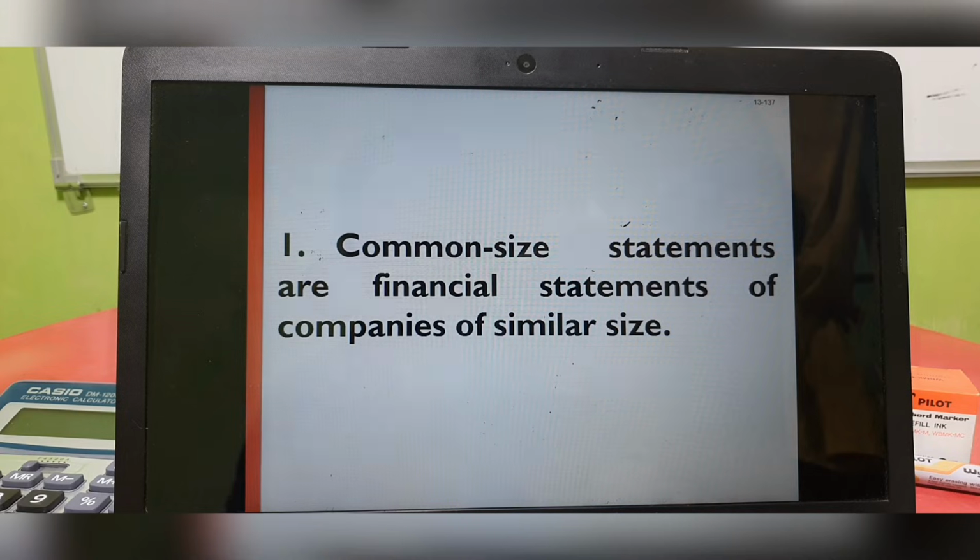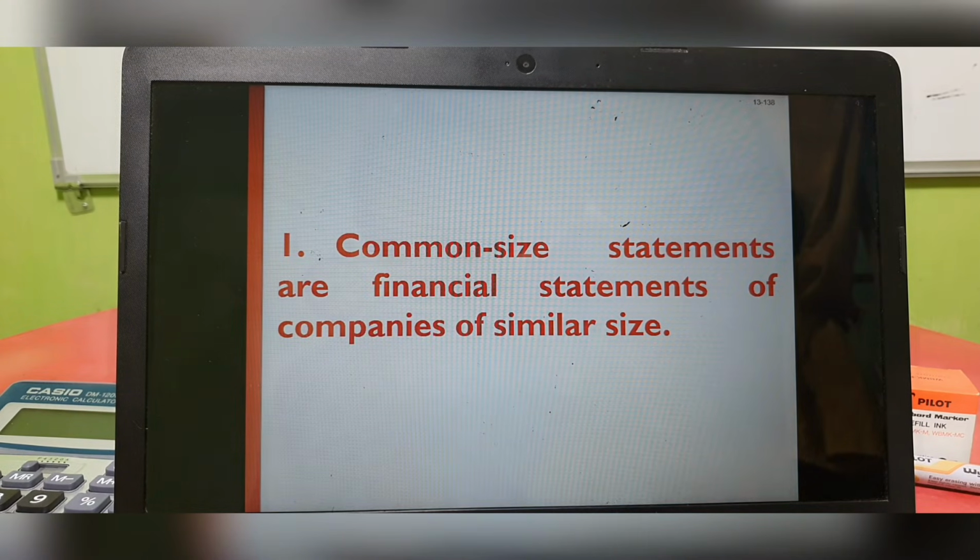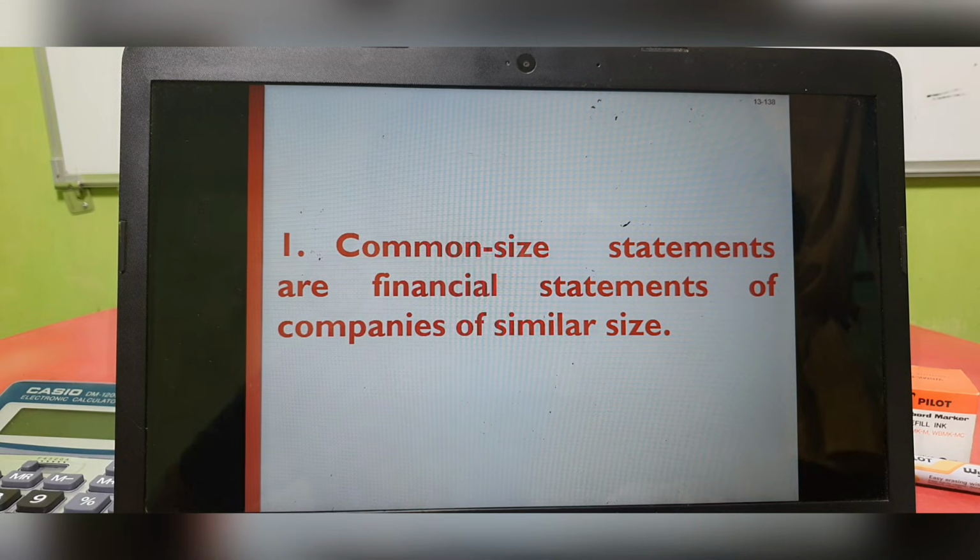Similar size, the answer is false. Walang sinabi na similar size. The companies could be different size, kahit pa significantly different. Pero pag common size, ibig sabihin everything is expressed in terms of percentage. 100% ang total nila pare-parehas regardless of the actual size.